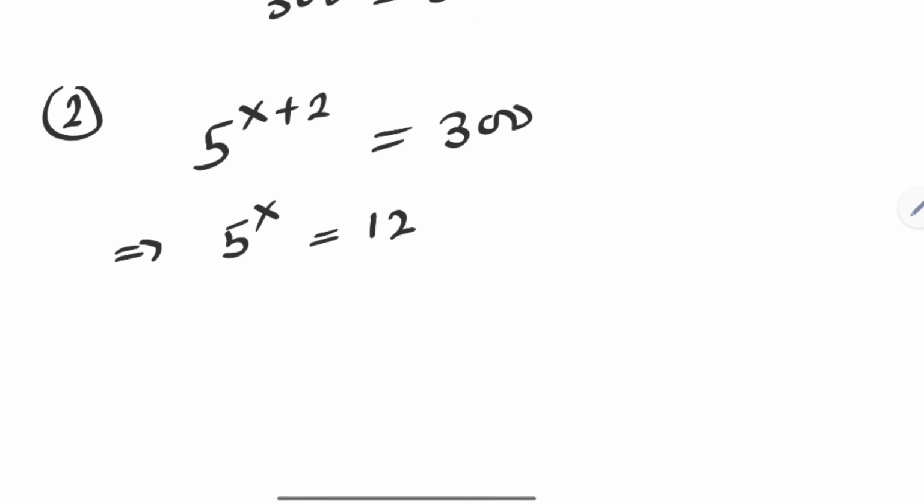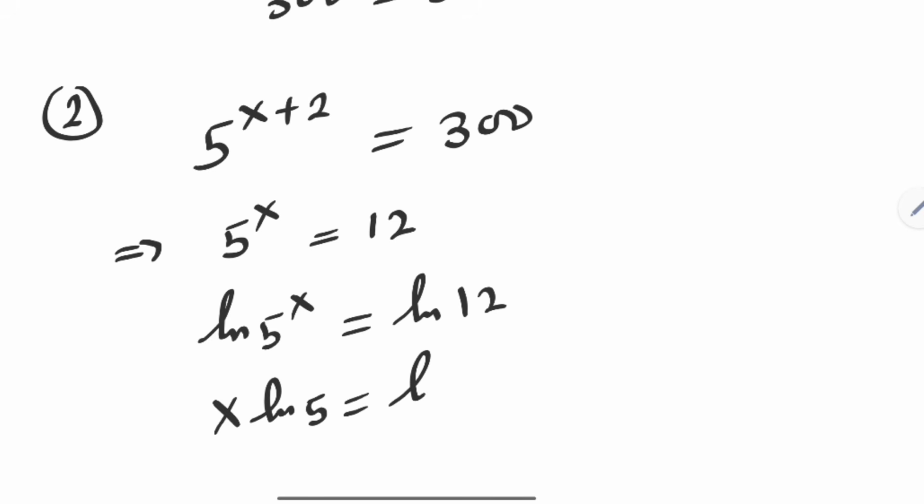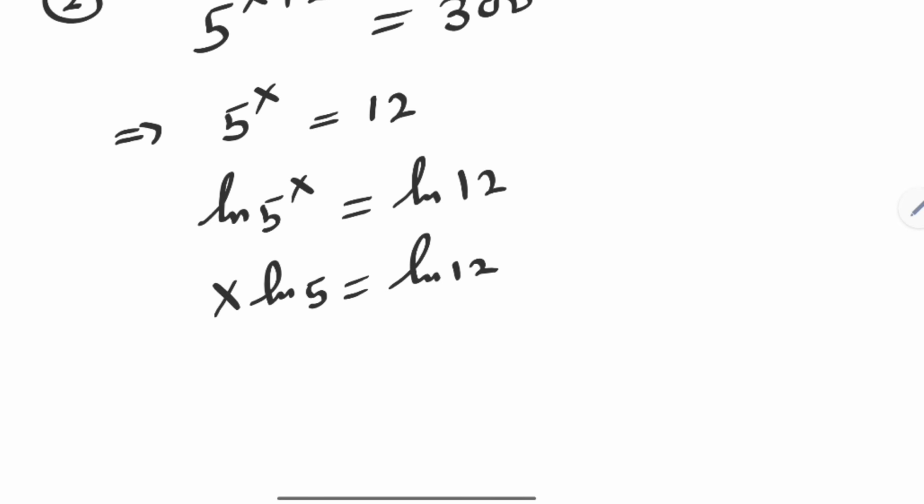Let us take the natural log on both sides of this equation. ln of 5 raised to power x is equal to ln of 12. This is x ln of 5 is equal to ln of 12. Let's divide both sides by ln of 5.